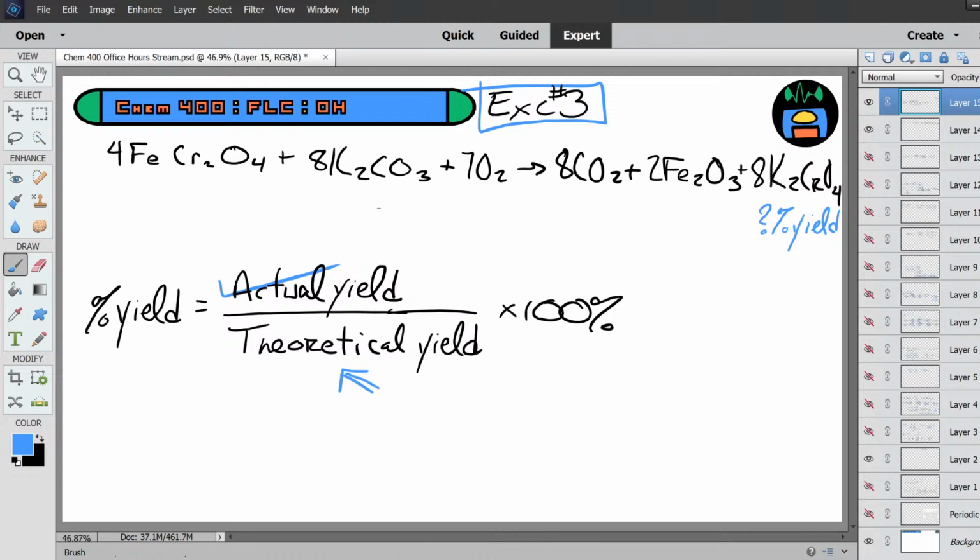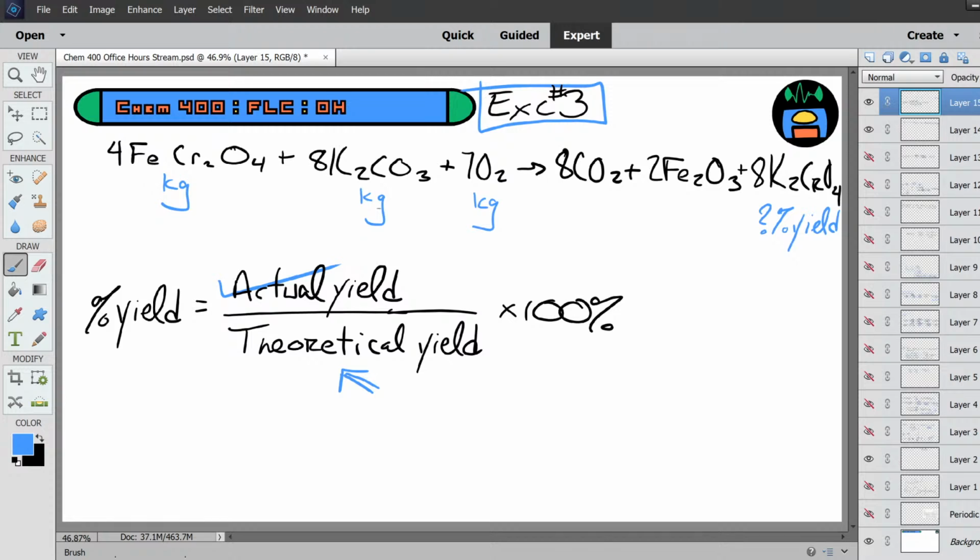But here's the thing. They give us the kilograms of each reactant. So we have to do a limiting reactant calculation once with each of these reactants. Whichever one could potentially produce the smallest amount is our theoretical yield, and that is what we plug in to the denominator of this expression.